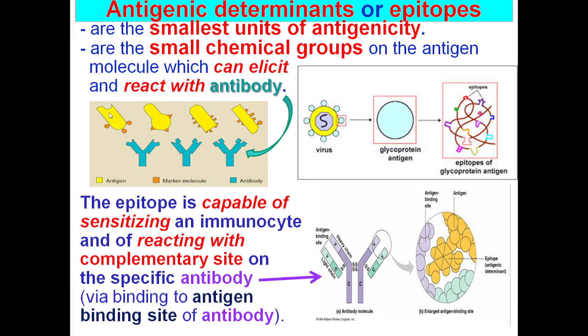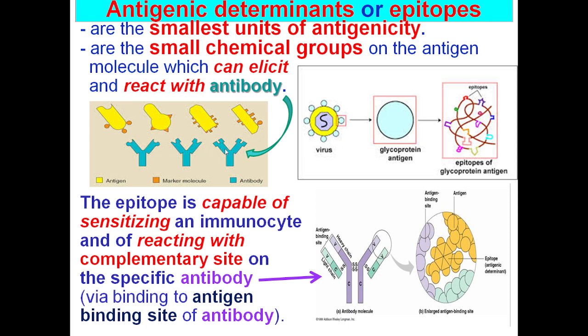The left yellow antigen has round epitopes. The next yellow antigen has triangle epitopes. The next has square epitopes. And every epitope that is unique reacts only to one type of antibody. Antibodies are shown as the blue molecules.